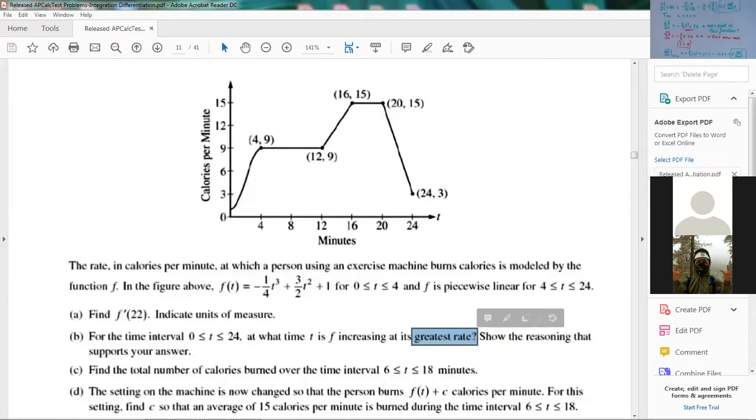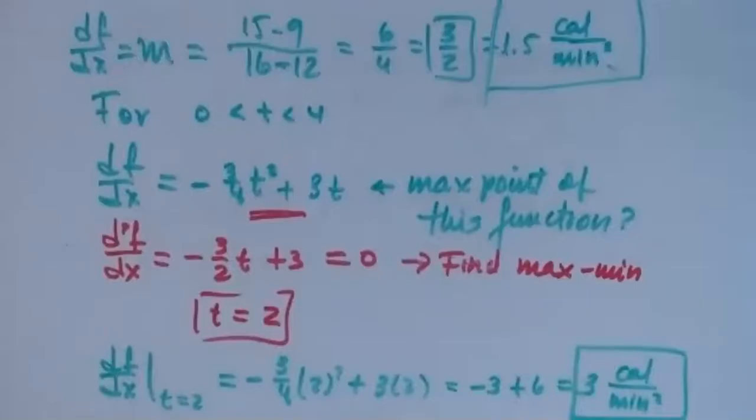What I did simply is, this is the rate of change of f, the derivative. Now I need the greatest rate, so it's the max point for this function. To get the max, I take this as my initial function, I take the derivative, that is the second derivative of f, solve to 0, and find that a max or min happens at 2, correct? Then I take this 2 and plug it here, and I see that it is 3.